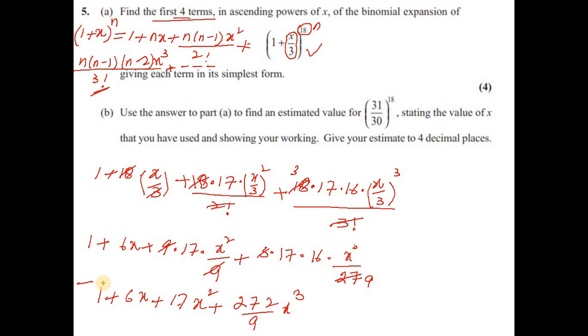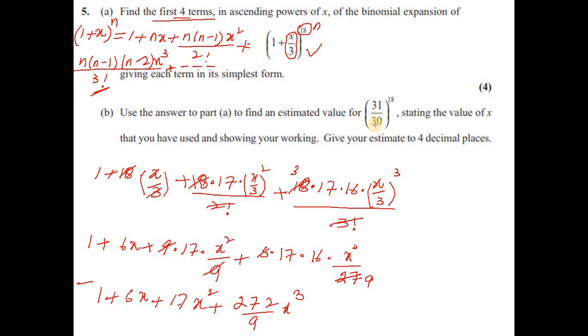Use the answer to part A to find an estimated value for (31 over 30) to the power 18, stating the value of x that you have used and showing your working, giving your answer to 4 decimal places. Okay. Now, you need to estimate the value of (31 over 30) whole power 18.